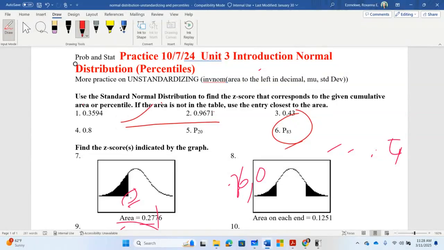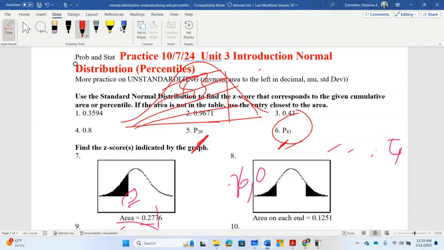I'm going to shade it in a normal curve. 83%, or the 83rd percentile, is the area inside the normal curve to the left. So if I'm told to find P83, find the 83rd percentile.